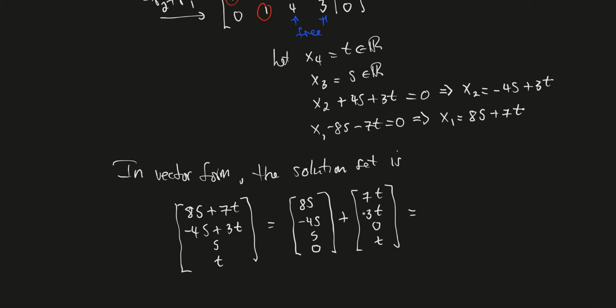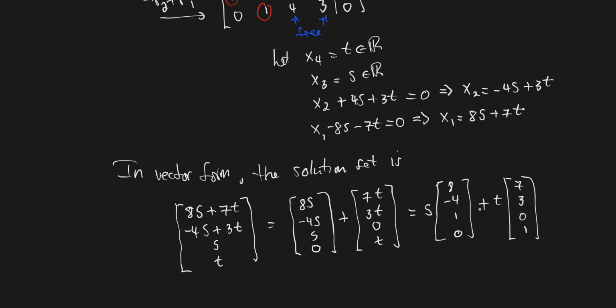Then let's factor out the variables. So let's factor out the s. And then we have 8, and then minus 4, and then 1, and 0. And then plus t, and 7, 3, 0, 1.